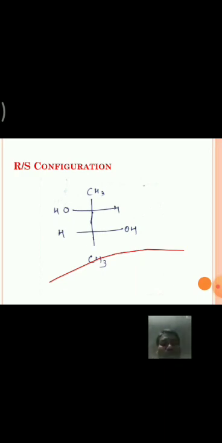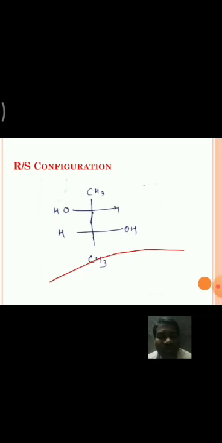With this we conclude today's topic. In today's topic we discussed DL nomenclature and DL configuration and R S configuration. DL configuration is relative configuration, while R S configuration is absolute configuration. DL configuration is applied to Fischer projection formula only, while we give R S configuration to wedge as well as Fischer projection formula.